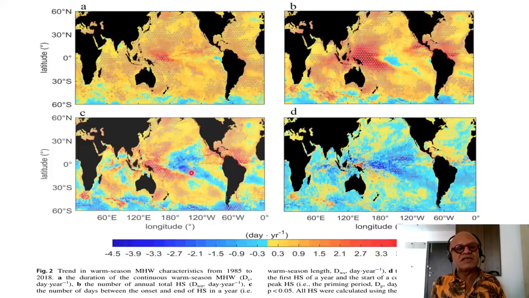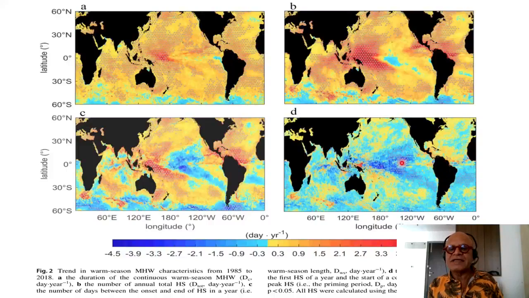So this basically tells you, especially when you look at this in terms of heating rates, so D is the number of days between the first HS of a year and the start of a continuous event with annual peak HS. So this is the priming period DP in days per year.